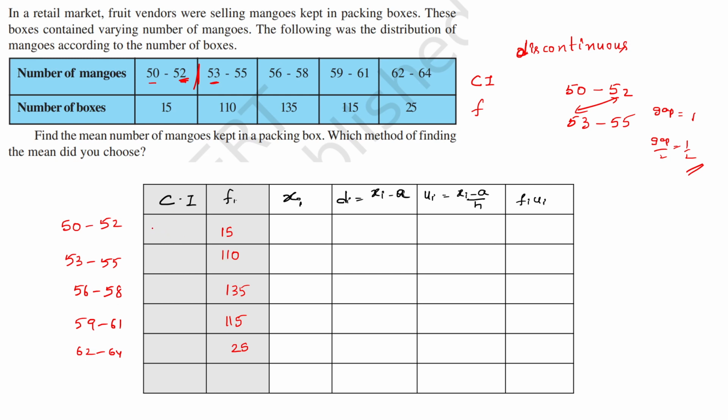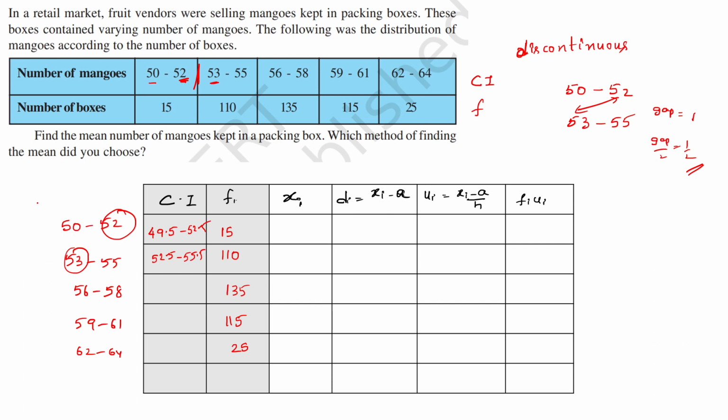So that will become 49.5 to 52.5. So this will increase, actually 52.5, and the next lower limit will decrease: 53 will become 52.5, and this will become 55.5.